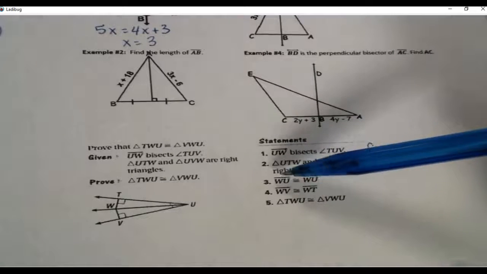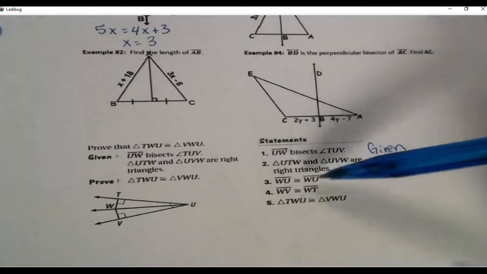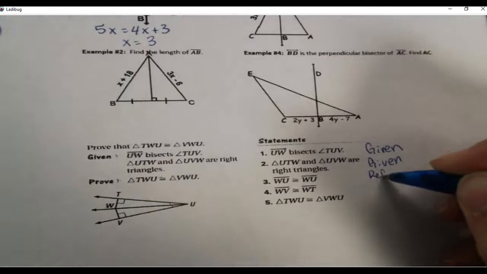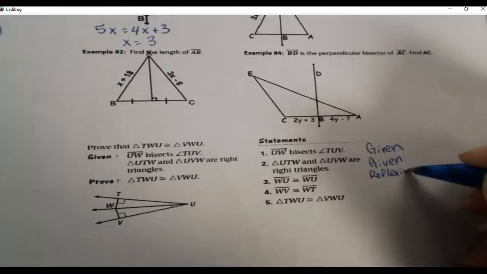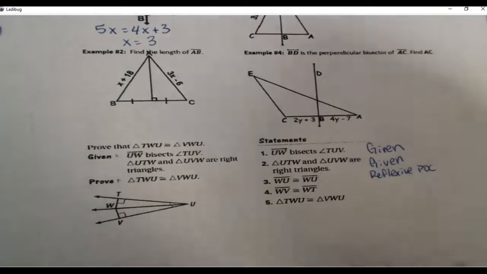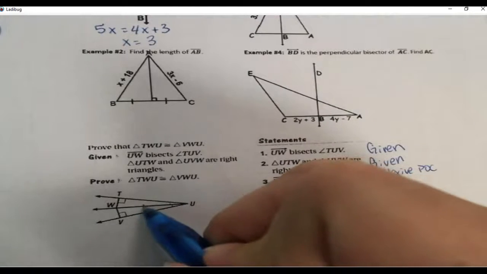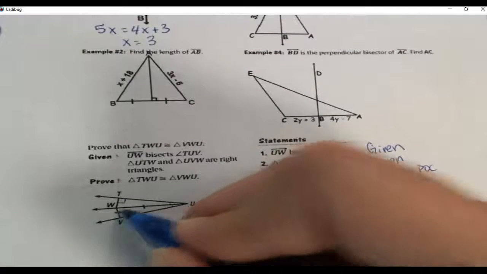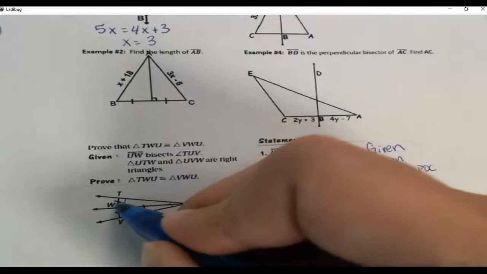What's it called when it says WU is congruent to WU? Reflexive. So that's these sides. Then it tells me that WV is congruent to WT.